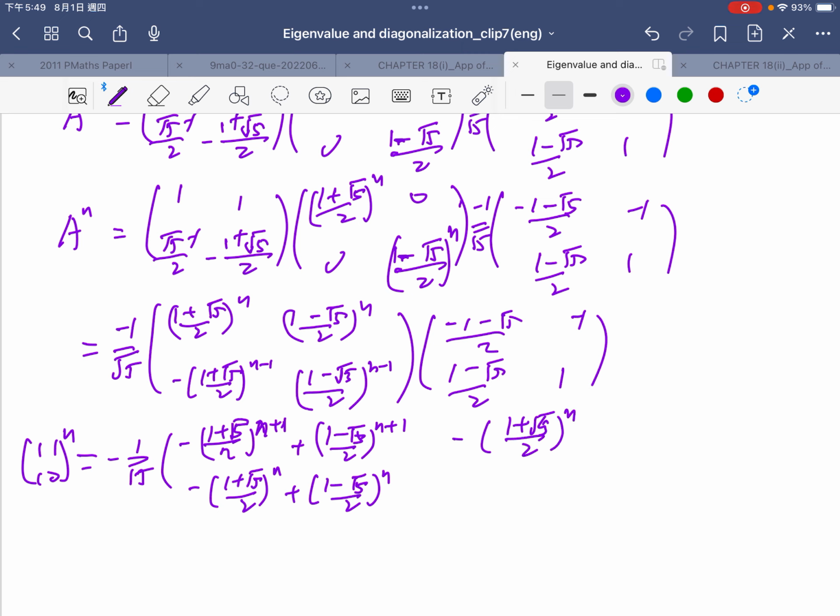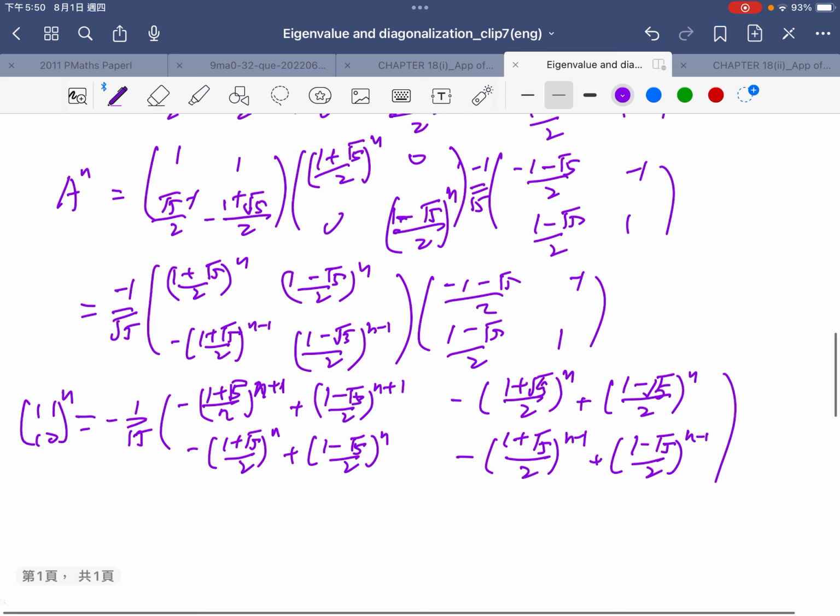Because normally the problem you see has eigenvectors and eigenvalues that are integers or even fractions, but in this case the eigenvalue is a surd form. Surd form is more complicated. Hope that you guys can follow this step.